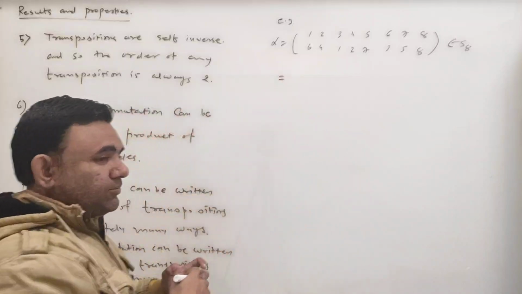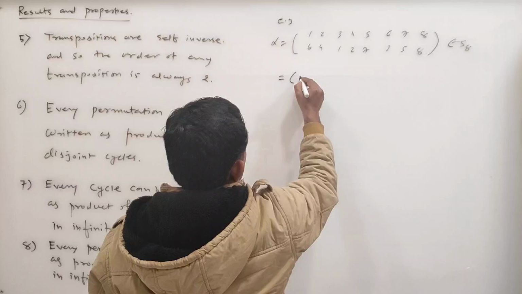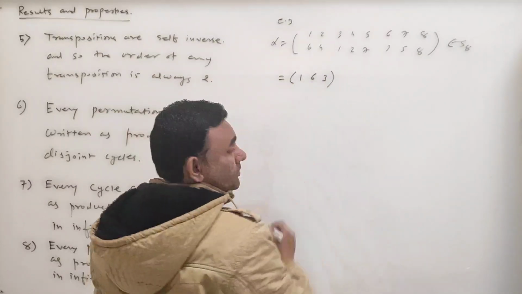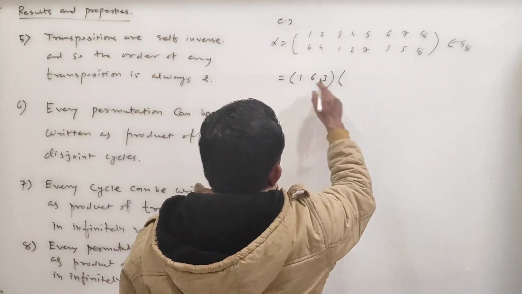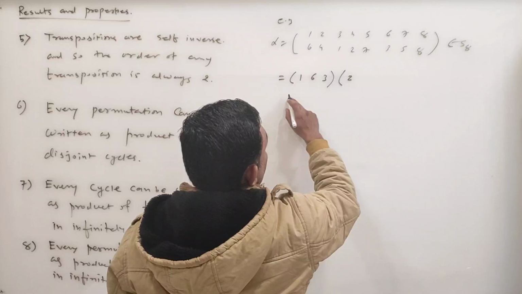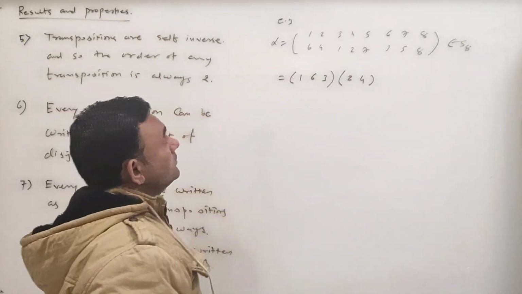It can be written as a product of disjoint cycles. So let us start with 1 goes to 6, then 6 goes to 3 and 3 goes to 1. So stop. Now you start with any symbol which is not here, so 2 is not here, so 2 goes to 4, 4 goes to 2, stop.